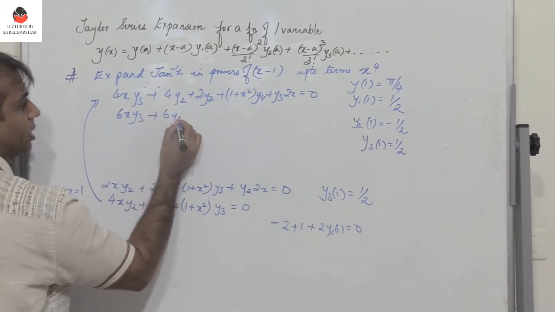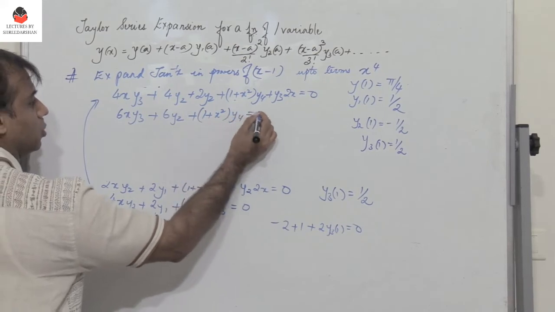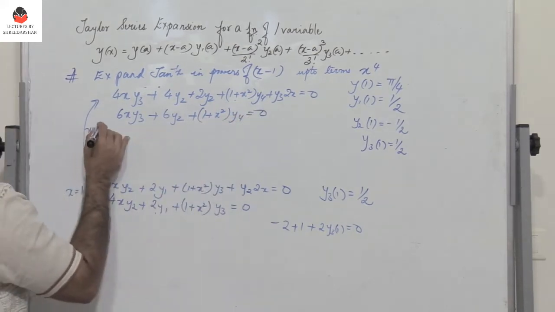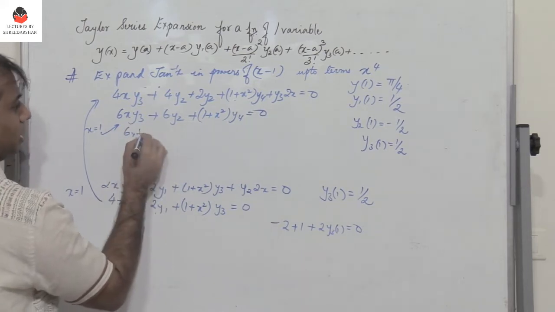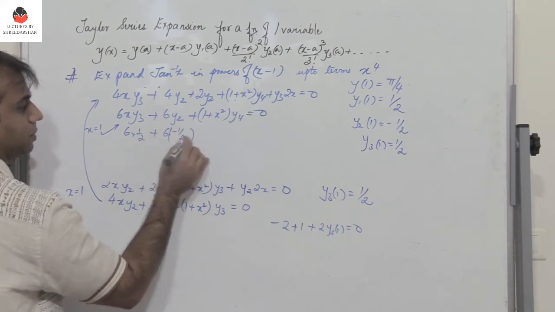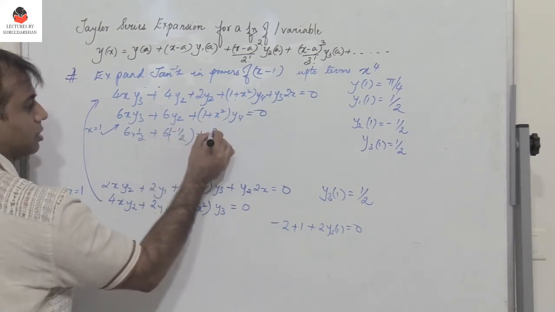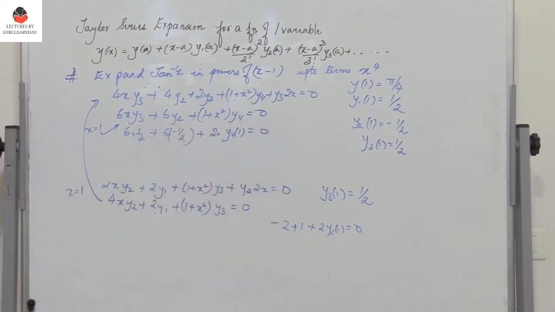So you have 6 y2 plus 1 plus x square y4 equals 0. So now you put x equal to 1 in this expression. 6 into y3 of 1 is 1 by 2 plus 6 into y2 of 1 is minus half plus 1 plus 1 is 2 into y4 of 1 equal to 0.